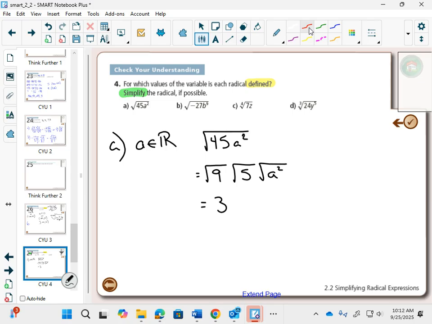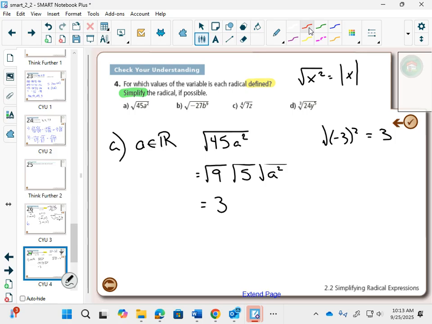Close. Very close. And we talked about this a little bit in the absolute value bar stuff. Technically, the square root of x squared isn't just x. It's the absolute value of x. Because if I had a negative number in here, it would still be 3.